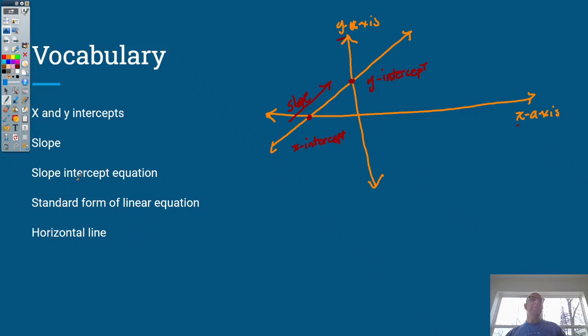And then the slope-intercept equation is really cool. It's the equation y equals mx plus b. So we just saw that. M is our slope, and b is our y-intercept. They call it the slope-intercept equation because this is your slope, and this is your y-intercept.